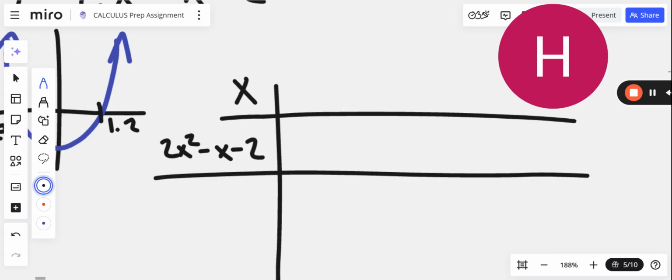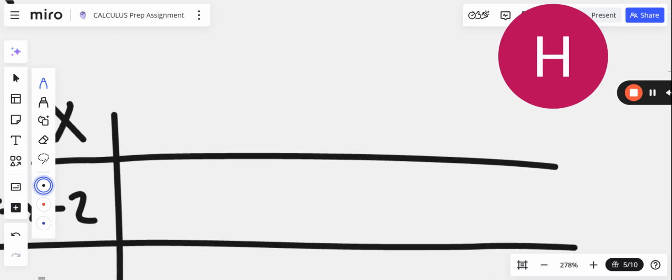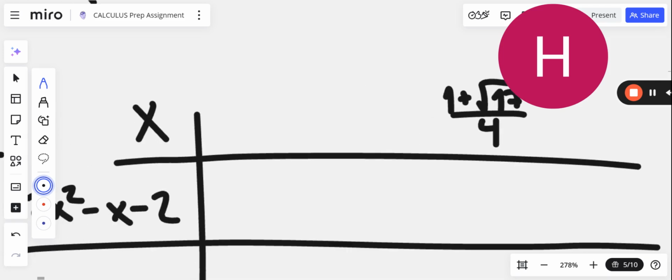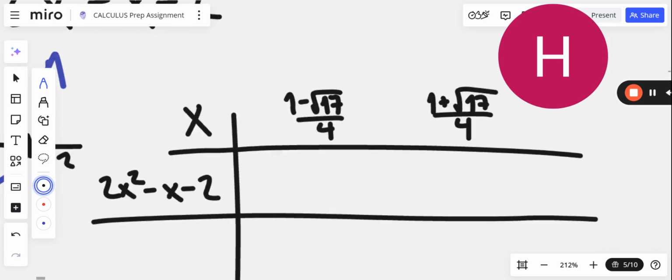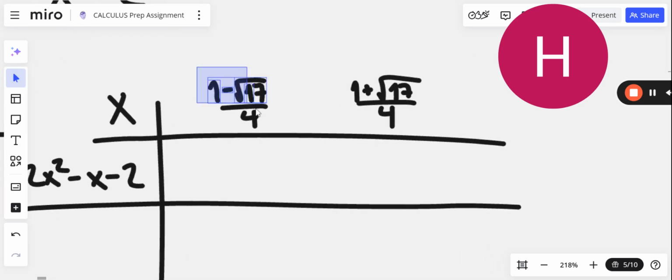And I know that it's going to have some zeros at, well, maybe I can call this 1.2, but maybe I'd rather call it 1 plus root 17 over 4. And then we're going to have 1 minus root 17 over 4. And maybe I should move these a little bit, or maybe I can just make them a little bit smaller.